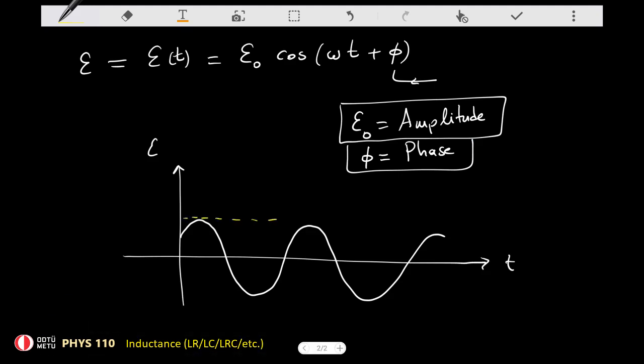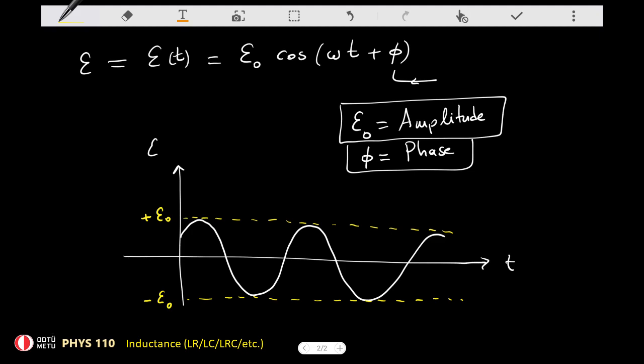We have this maximum value of the EMF that is attained periodically. The maximum value is equal to the positive value of the amplitude, and the minimum value is the negative value of the amplitude. Therefore the EMF changes between plus epsilon 0 and minus epsilon 0. So just keep this in mind.